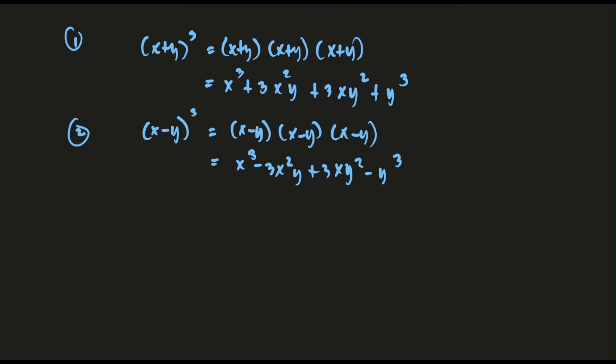What happens here is that the sign alternates. So from the first term we have positive, second term we have negative, positive, negative. If you want to continue with this process, you will end up with this one.